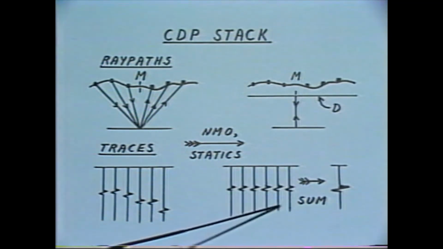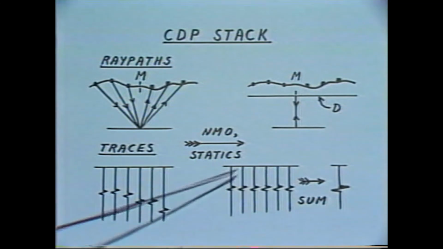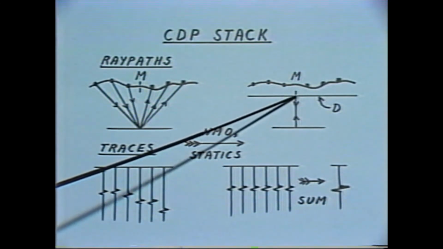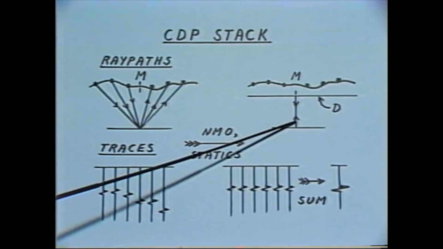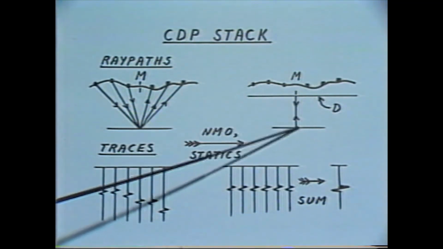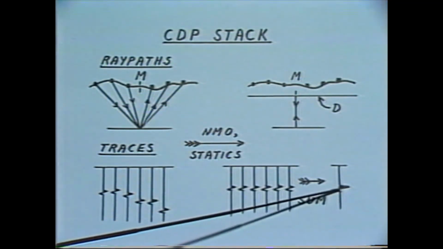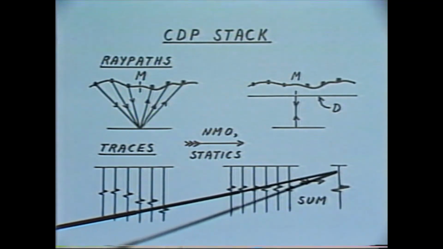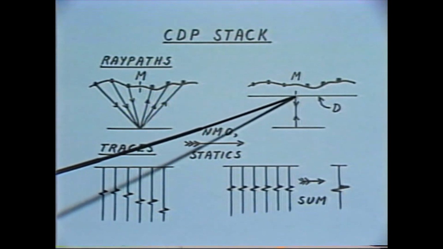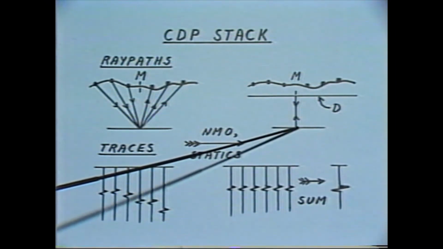So this set of traces all have primary reflection travel times that would occur if they all had this travel path. Since they have in effect identical travel path times, we can then sum them together and derive a single trace representing the primary reflection times for this type of zero offset travel path.